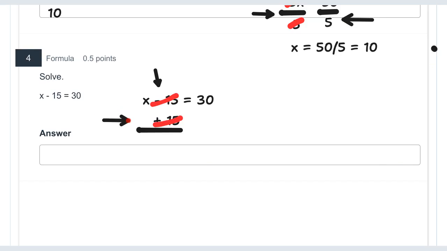But since I did 15 on this side, I have to repeat that process and do 15 on this side. So plus 15. And when I add those together, I'm going to find x all by its lonesome on the left is equal to 45. So I put 45 in the box.